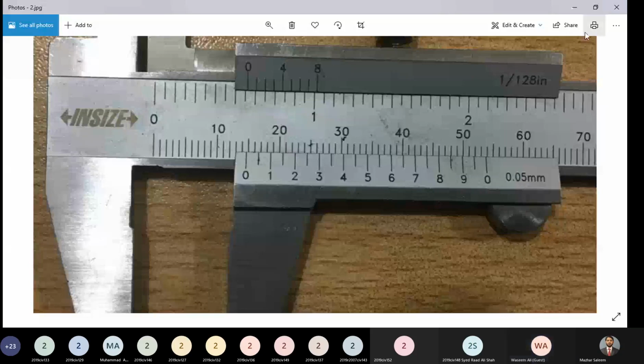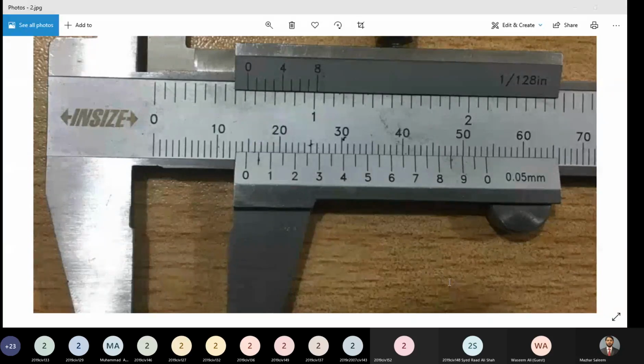So how to get the measurement now? As this is our first reading, let me write it down in the chat box. Main scale reading is equal to 14. Vernier scale reading is equal to 15. Why is the main scale reading 14?